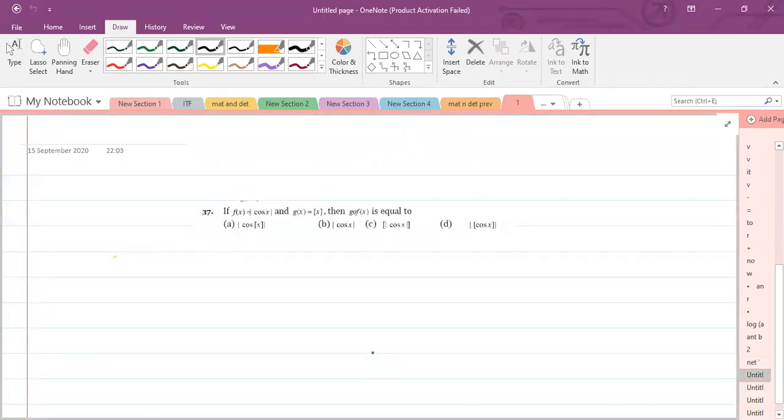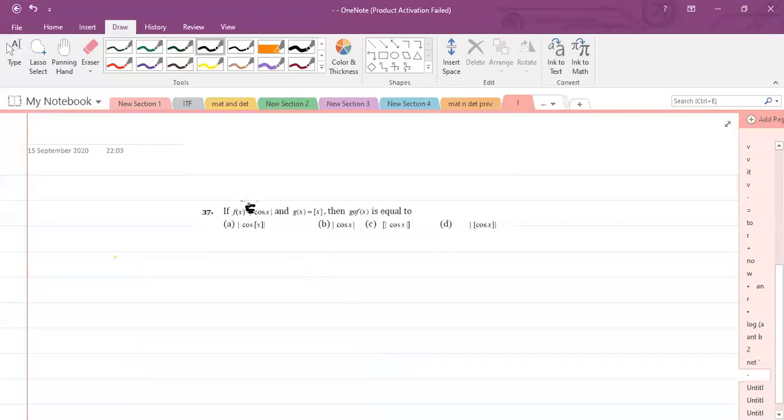Next problem. This is not f of x not equal to; this is f of x equals. I will rewrite the question. F of x equals mod cos x.